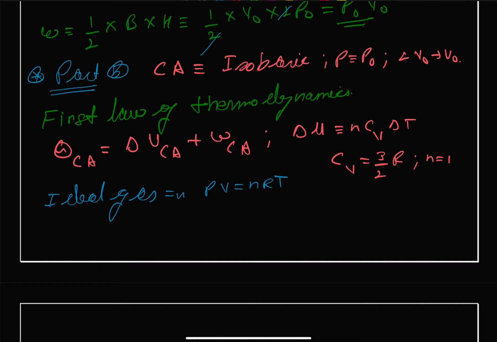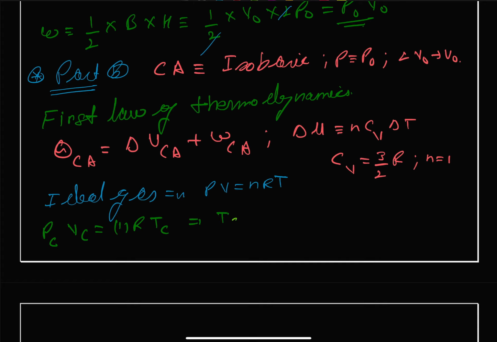So for 2 points, one is our C. For C we can write this as PC VC, number of moles is 1, and this is R times TC.